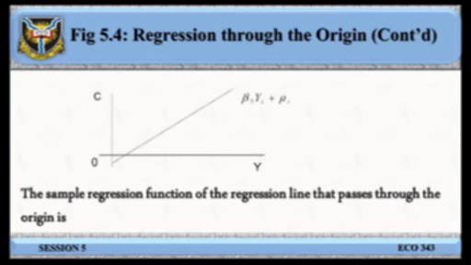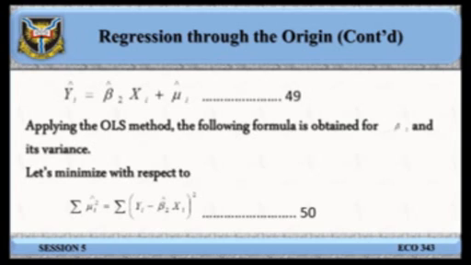The sample regression function of the regression line that passes through the origin is yi estimator is equal to beta 2 estimator xi plus mu i estimator, equation 49. Applying the OLS method, the following formula is obtained for beta 2 and its variance. Let's minimize with respect to the equations below.